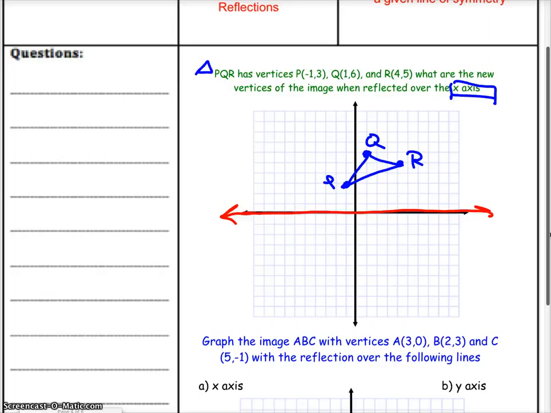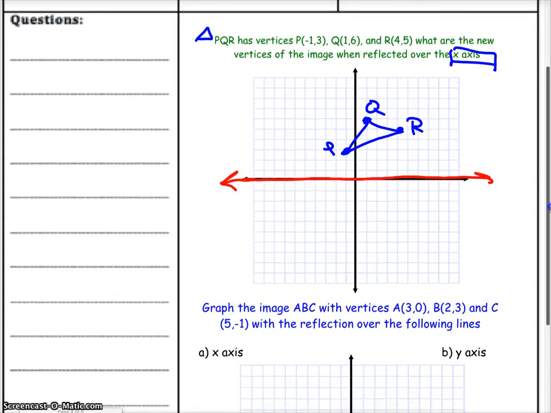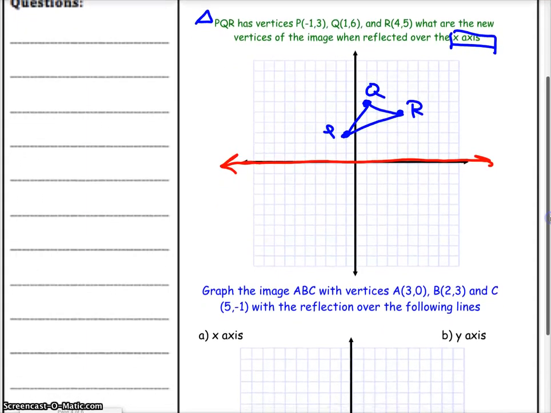You can also make it a different color, or do whatever helps your eyes know that's where I'm flipping it. I can't physically flip it, so I'm just going to use my knowledge that they're equidistant from that line of symmetry. So how far away is P from my line of symmetry?